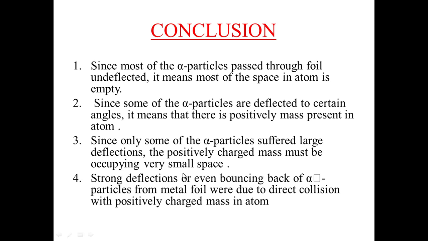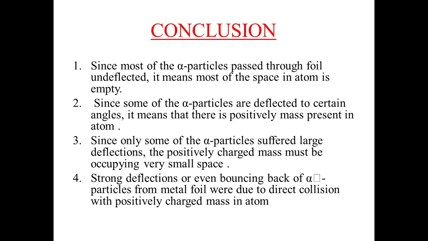Next, the fourth conclusion: strong deflection or even bouncing back of the alpha particle, that means returning back at a 180-degree angle from the metal foil, is only due to the alpha particle striking the center of the atom, which is heavy and positively charged. That is the only reason, and because of that, Rutherford discovered the nucleus.